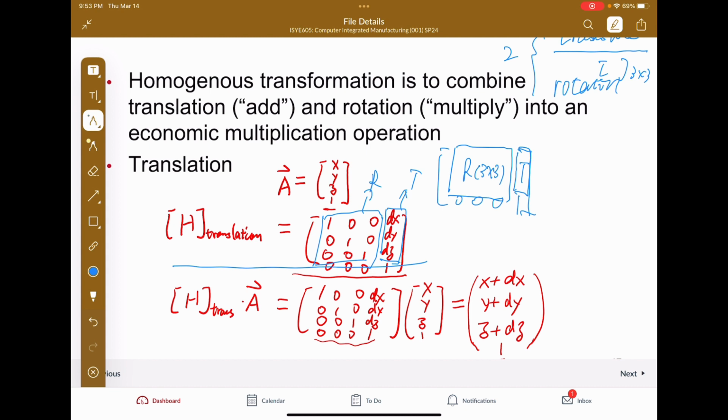If we want to do translation only, we just keep the rotation part as the unit matrix, which is 1, 1, 1 on the diagonal with the other entries 0, and we put the values dx, dy, dz here. If we want to do only rotation, we keep the last row 0, 0, 0, 1, keep the translation to be 0, and put the rotation matrix there.